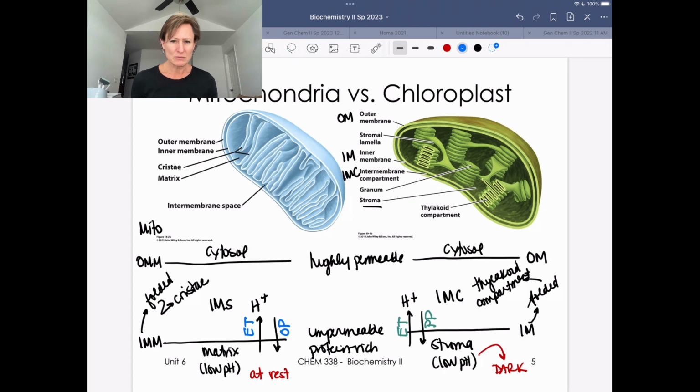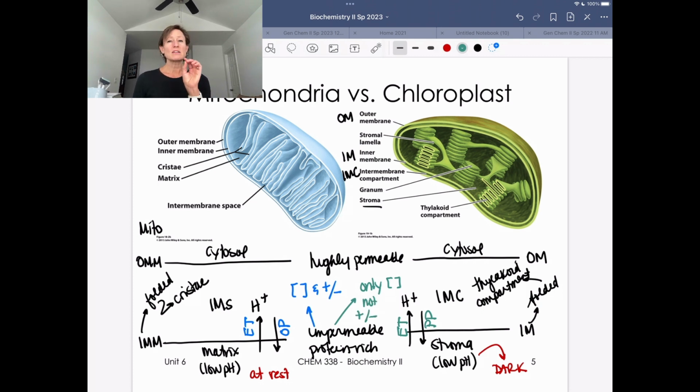Using some colors here to highlight, this impermeability in mitochondria is both for concentrations and for charges. So we can build up a concentration gradient as well as a charge gradient with mitochondria. Now, chloroplasts are only able to build up a concentration gradient, and are not able to do a charge gradient.